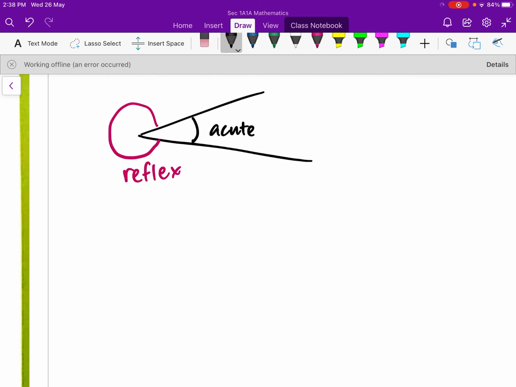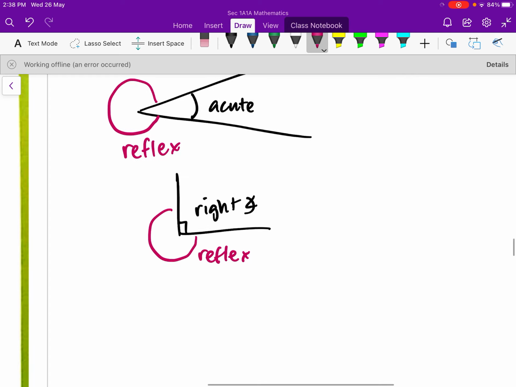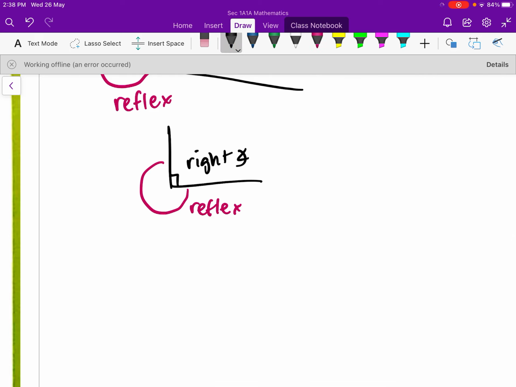If you can find a right angle at home, then this is a reflex angle. If you can find an obtuse angle at home, then you also have a reflex angle here.